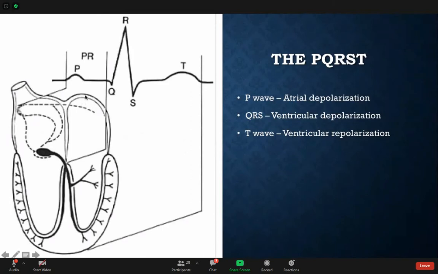Basically, it's going to be embedded in the QRS, which is why we don't see it. Because the QRS is bigger, it's going to be embedded. That's why we don't usually see it.